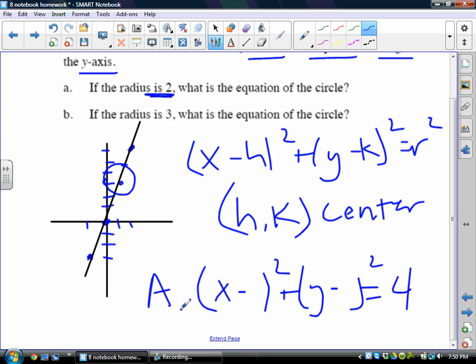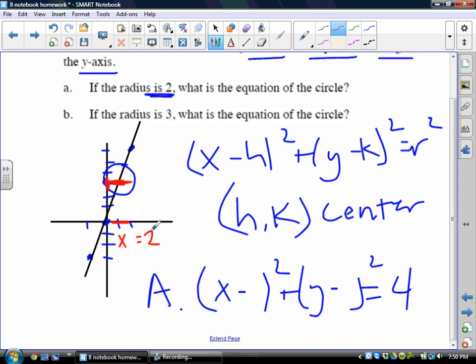So we need to figure out, its radius is 2, which means it's 2 units sideways from the center. It ends right here, and it's got to be 2 units this way. So we need to figure out when x is 2, what value of y it's going to be on the line, because the center has to be somewhere on the line.